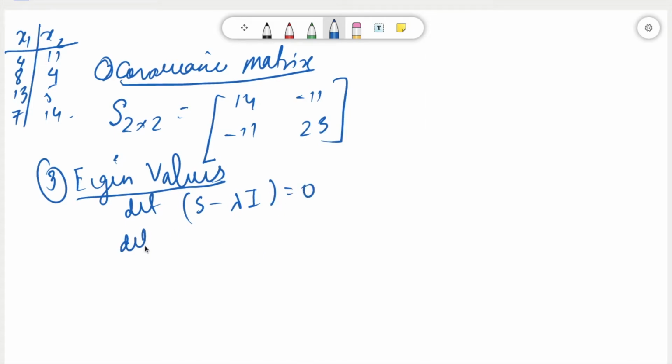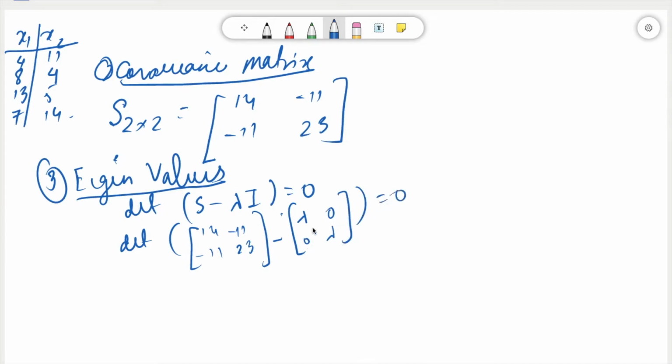S is the matrix 14, minus 11, minus 11, 23, and I is the identity matrix 1, 0, 0, 1. So minus lambda, 0, 0, lambda, and this will be equal to 0.